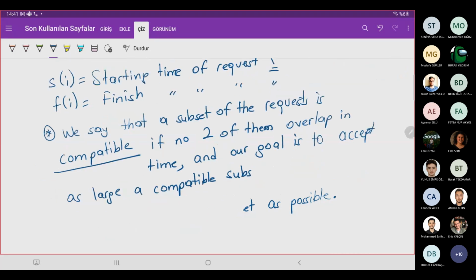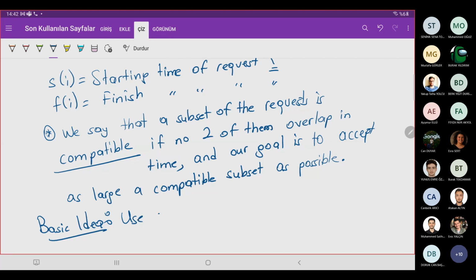So the basic idea is the following. Use a simple rule to select the first one, the first request I1.